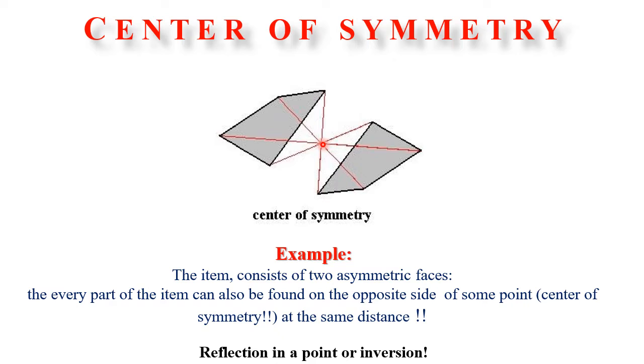So this is our center of symmetry. If we see a reflection from a point, we see similar shapes in both directions. So this is our center of symmetry.